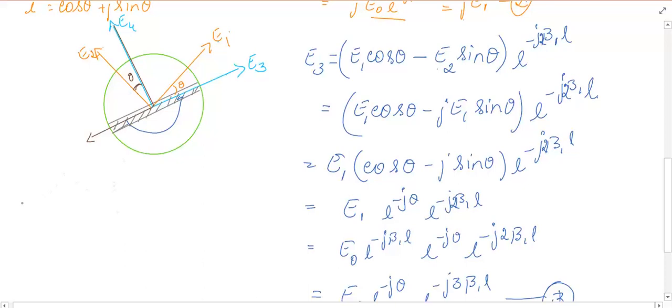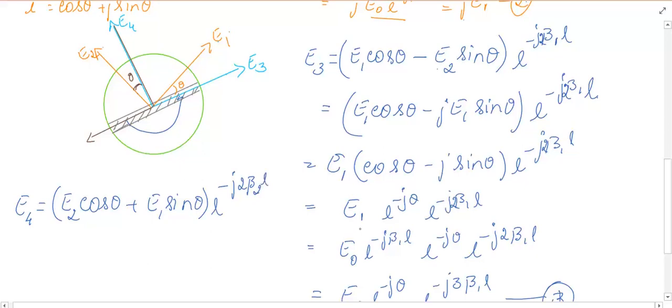The simplification you have to do: E4 can be written as, which components are here? E1 sine component and E2 cos component. So it is E2 cos theta plus, since both are in the same direction I have to add them, E1 sine theta, into e to the power minus j 2 times, don't forget, beta 2L.